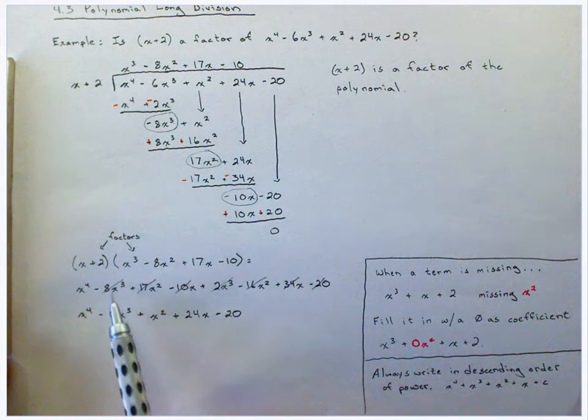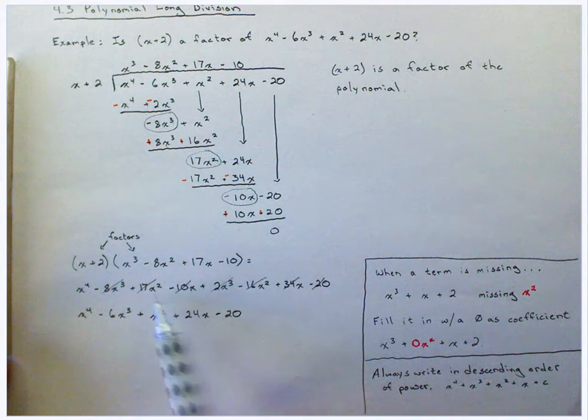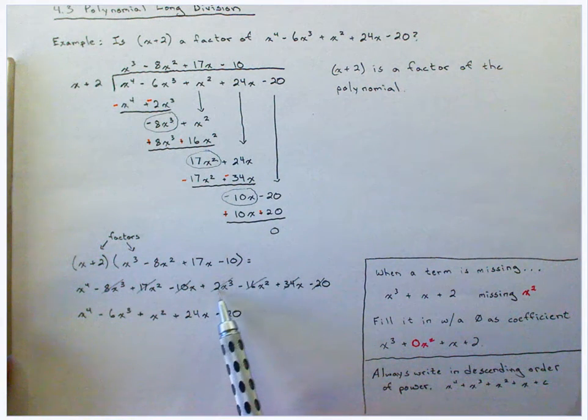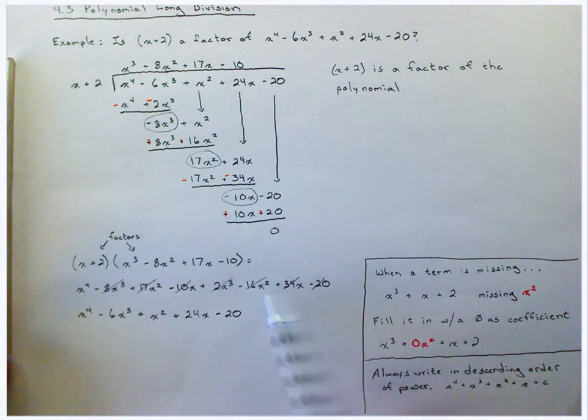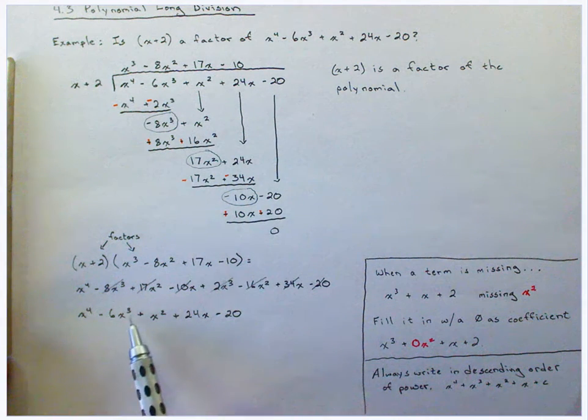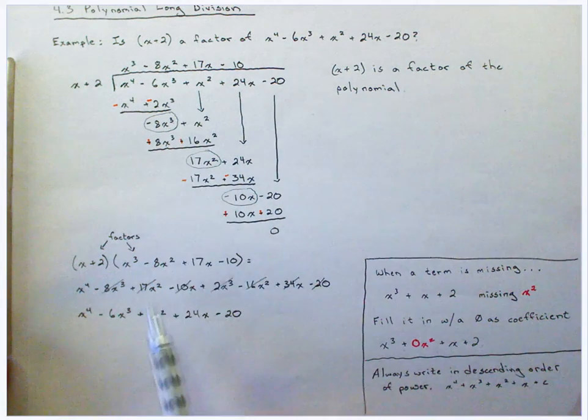My lines right here that I've lightly written are where I combined like terms, because I had a -8x cubed and a positive 2x cubed. So I'm combining my terms together. As I go through, I just slightly mark them out. And you look at this and you'll see we end up with the dividend, x to the fourth minus 6x cubed plus x squared plus 24x minus 20. Same thing.